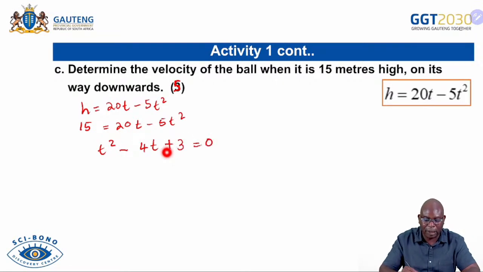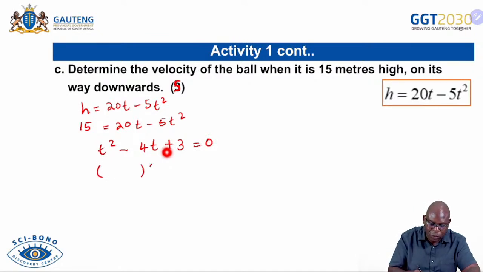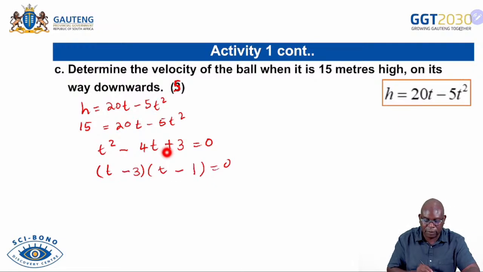In other words, I've already arranged it and divided everything there by 5. So for me now, I'm going to get time here. So I'm going to say t and t, it's 3 and 1. And I think that's minus and minus, if I'm not mistaken. T is 3, or t is 1.